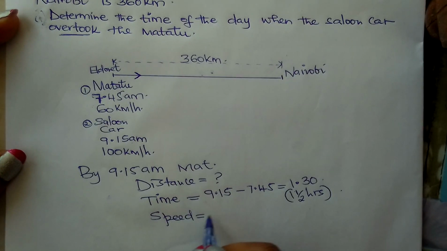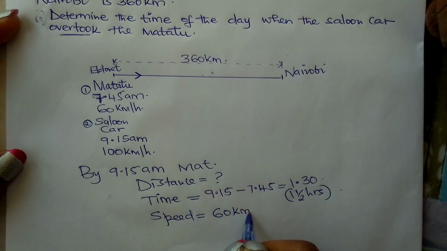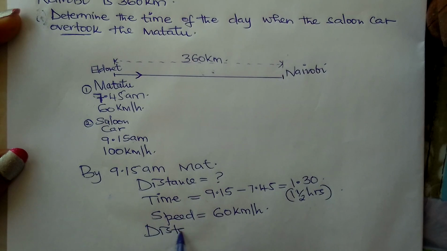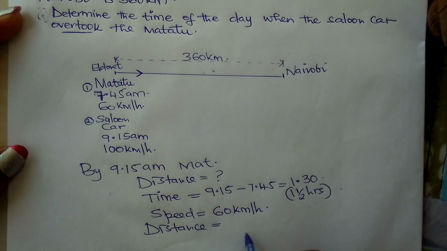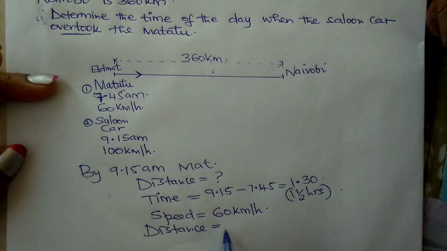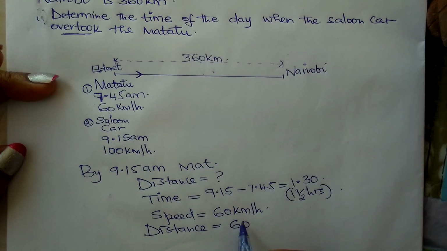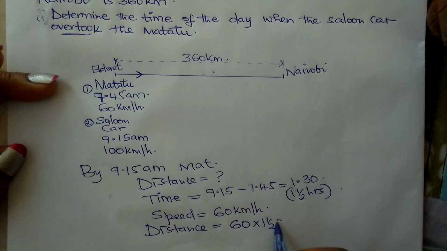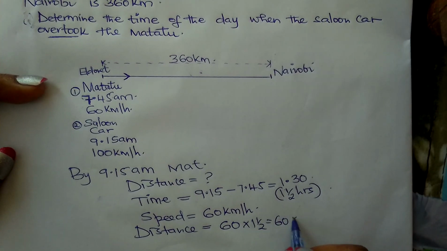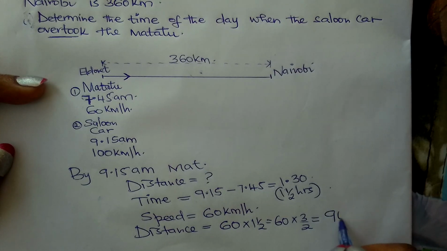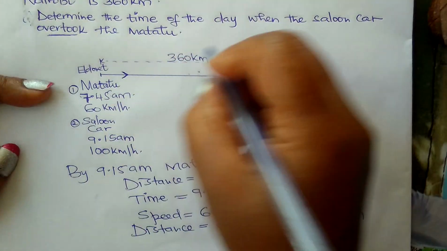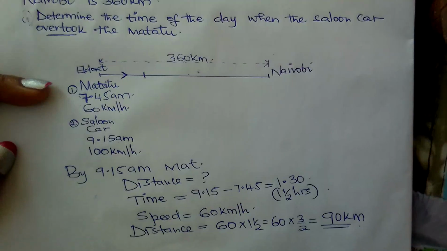The matatu is traveling at 60 kilometers per hour. And therefore, the distance covered by this matatu before the saloon car leaves Eldoret will be the speed times the time. This is 60 times 3/2, which gives you 90 kilometers. So learner, come and indicate that here.